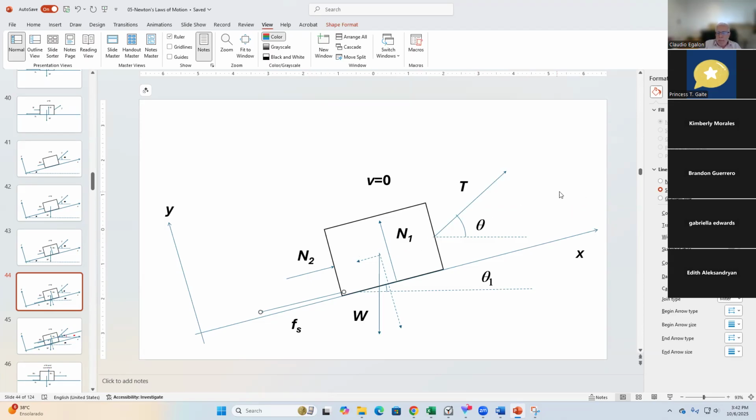If the block tends to climb uphill, the force of static friction must be downhill, okay? If we didn't have those two forces here, the tension and the normal, the block would tend to slide downhill, yes. But because we have those two forces here, they may be overcoming the x component of the weight. For this reason, we must have a force of static friction that's downhill.